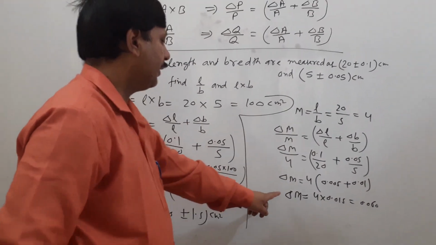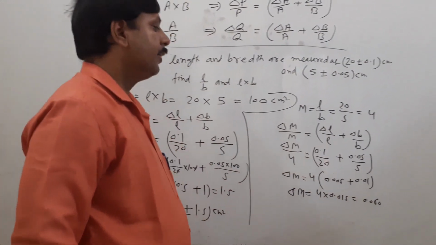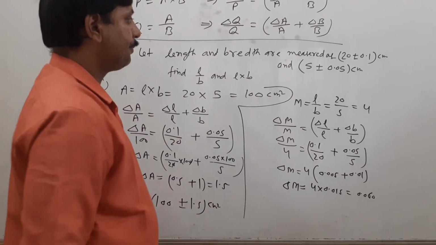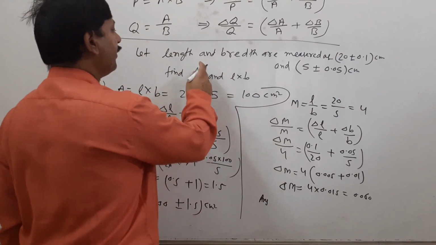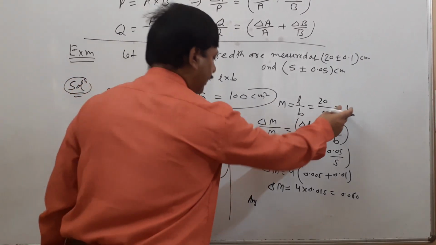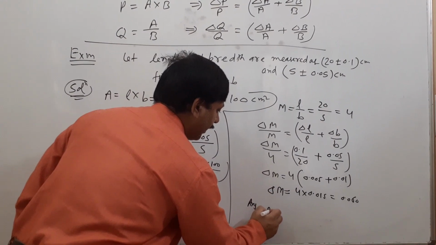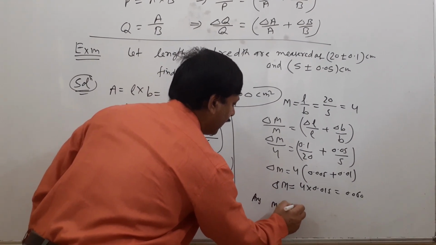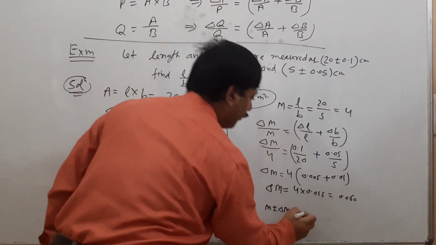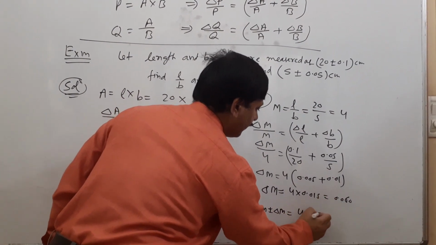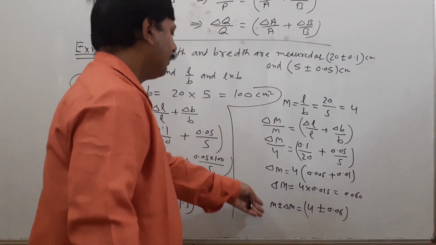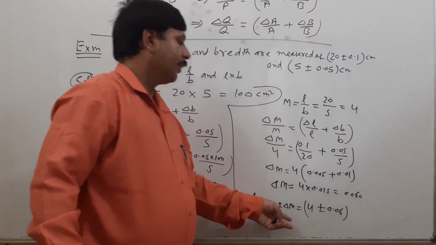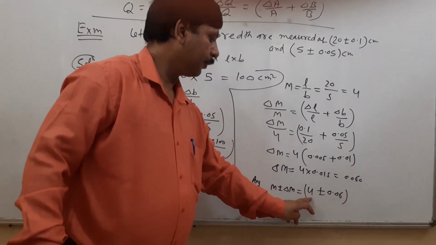So here del M has come 0.06. So what will be the answer? Division of L to B, that is M plus minus del M, that is 4 plus minus 0.06. Because it is a ratio, you cannot write any unit, it is without unit.